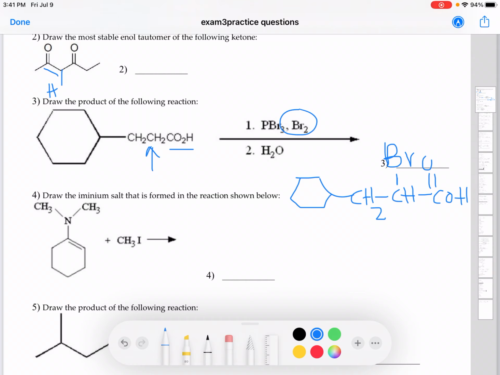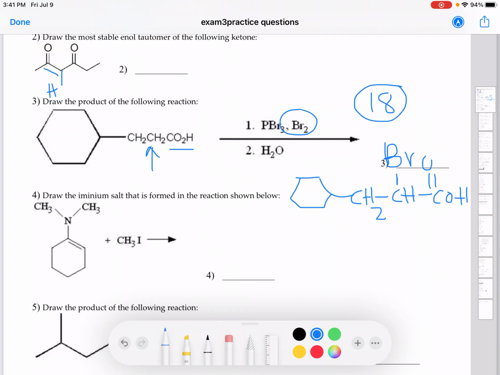You can see this in slide 18, and you can see that it replaces the alpha hydrogen of a carboxylic acid by bromine. You can also see the mechanism for how it happens in slide 19. Okay, so that's the answer for that one.